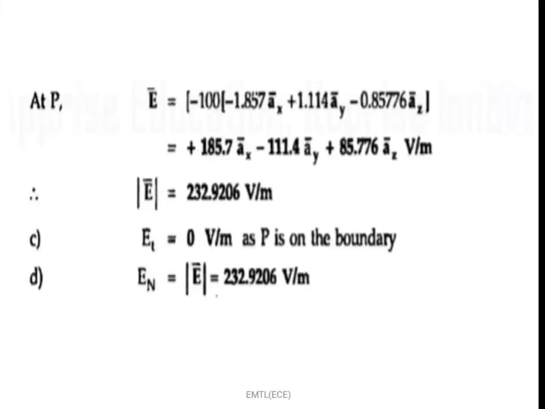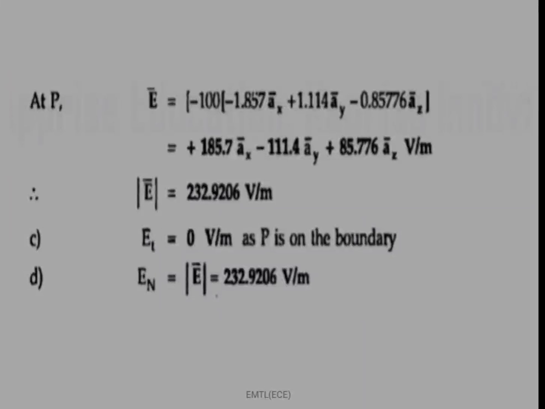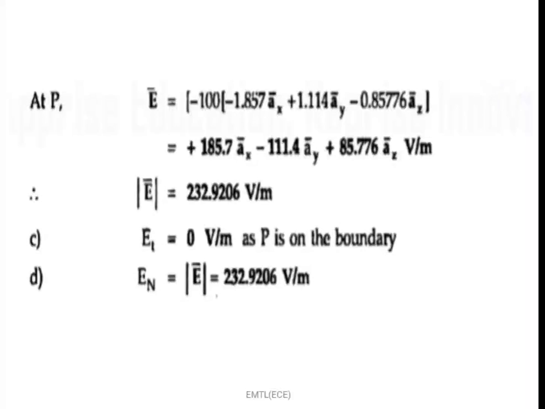Why? Because this is the boundary condition between conductor and free space. Now the normal component is the electric field intensity value. So it has only a normal component. There is no tangential component in the case of boundary condition between conductor and free space.